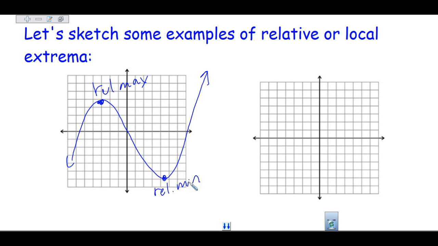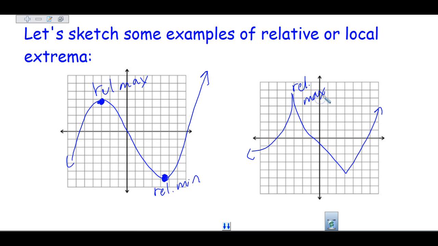Why they have this specific name is that relative to the points around them, this happens to be a high point. Relative to the points around it, this happens to be the low point. They might not be the absolute min or max, but they could be. Those are the ones that you're probably most familiar with, but something like this might also be a relative max, and something like this could also be a relative min.